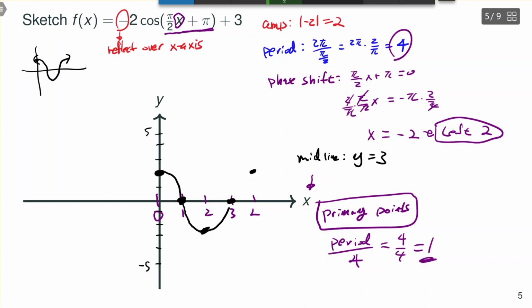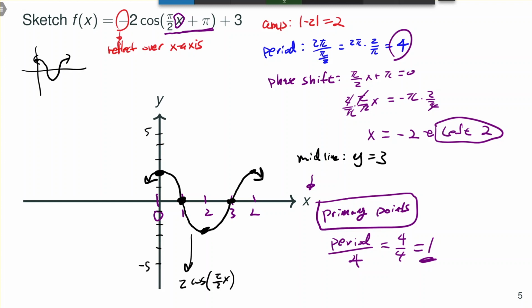Again, these are not straight lines. And it repeats, so draw an arrow. So this right here is 2 cosine pi over 2x. We have not applied the reflection, nor the phase shift, nor the midline.